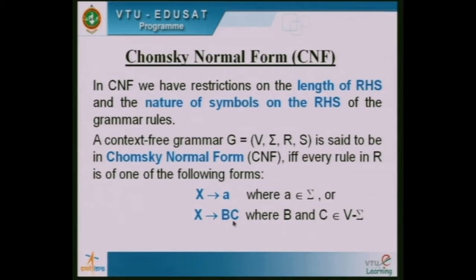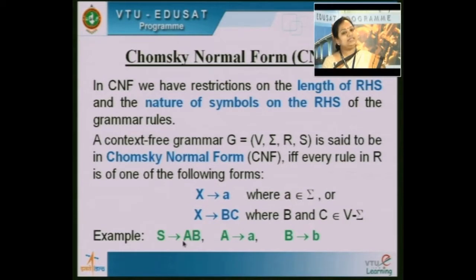So, the maximum possible RHS is either one terminal or two non-terminals. For example, S → AB. This rule is in CNF because at the RHS it has two non-terminals. A → a, at the RHS one terminal, B → b, at the RHS one terminal. So, all these rules are in Chomsky normal form.